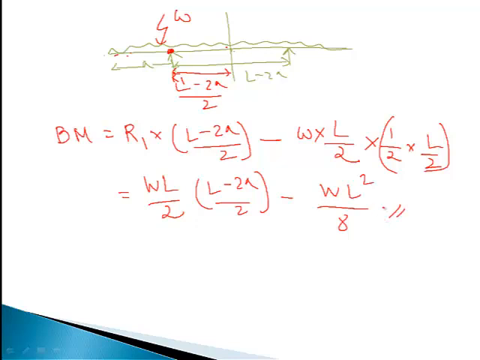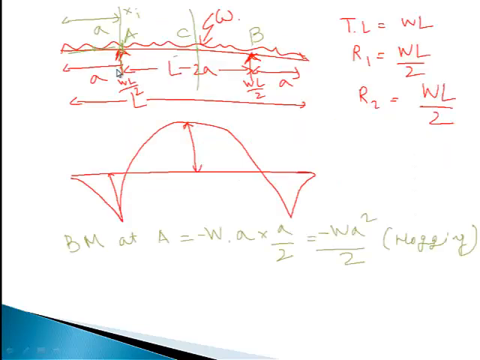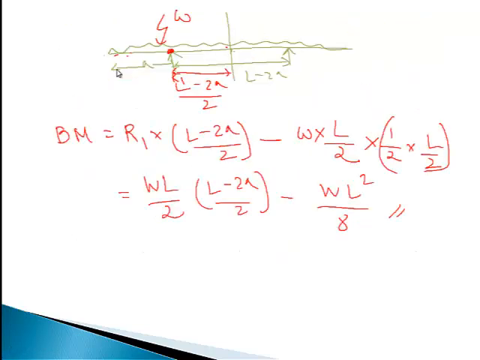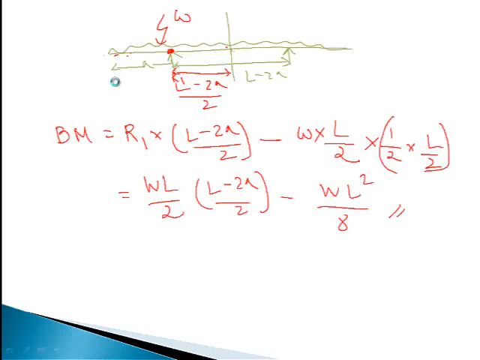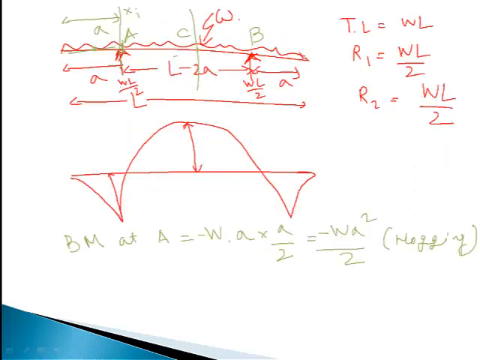So what we have to do is now equate it. So first, what we have got is W A square by 2, okay, W A square by 2. Do not take the negative sign, okay, it is just a symbol for hogging. It's only for hogging we have shown negative, but to solve we just take the arithmetic value, not the algebraic value, okay, just the value.